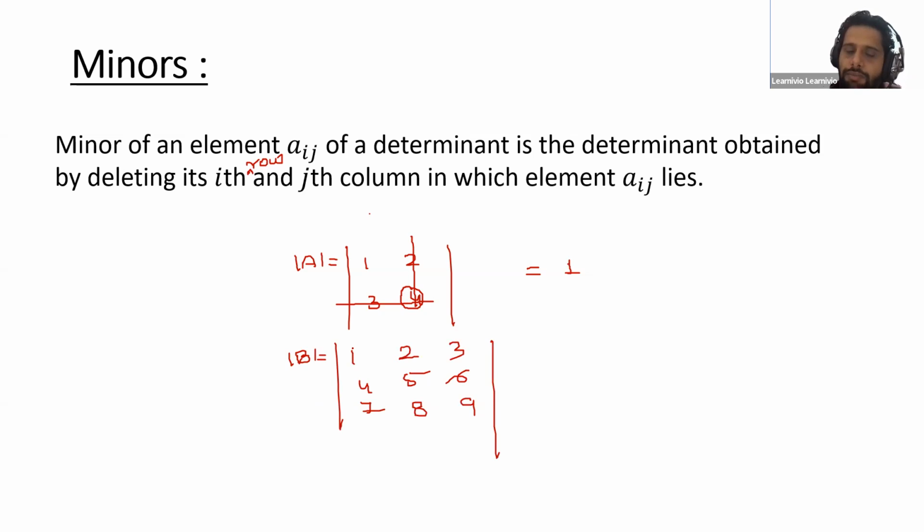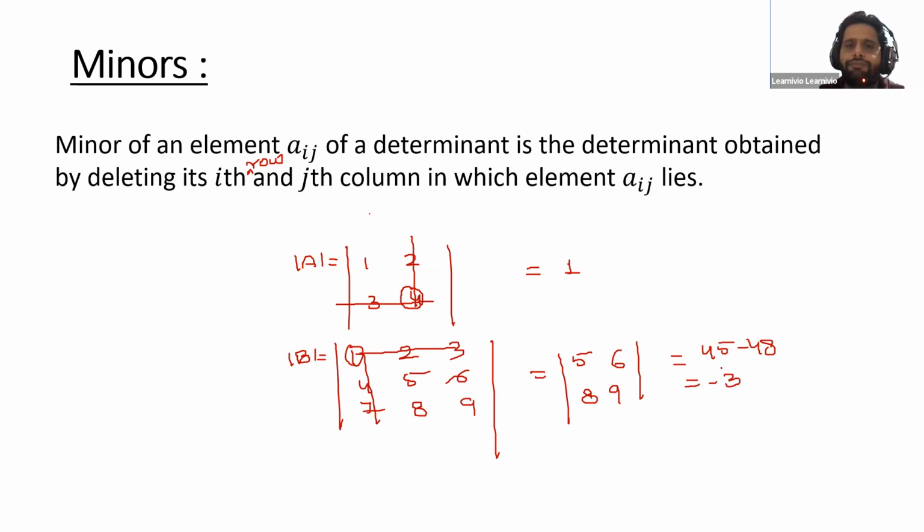Suppose we need to find the minor of this one, then we will remove this row, we will remove this column. Then the remaining elements are 5, 6, 8, 9. Now just cross multiply, solve this determinant and you will get your answer. So this will give you 45 minus 48, which is equal to minus 3.